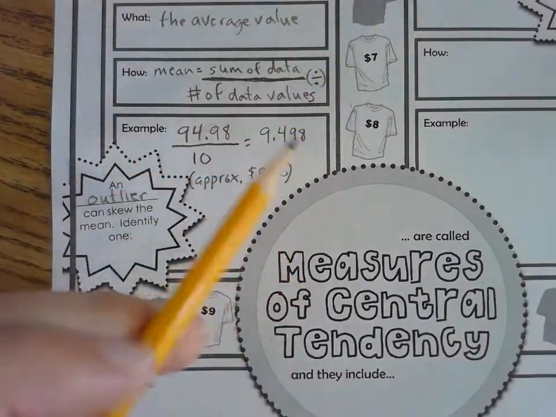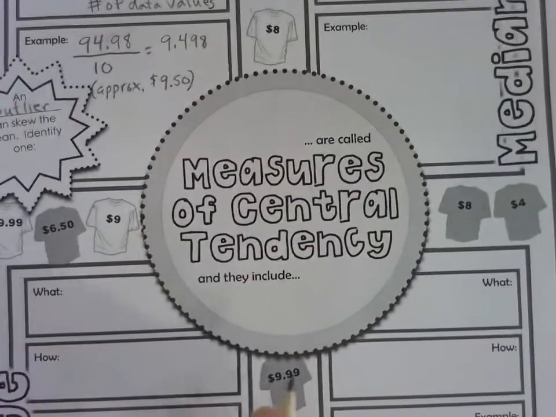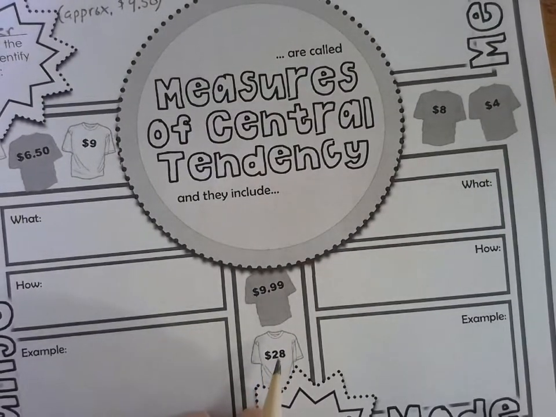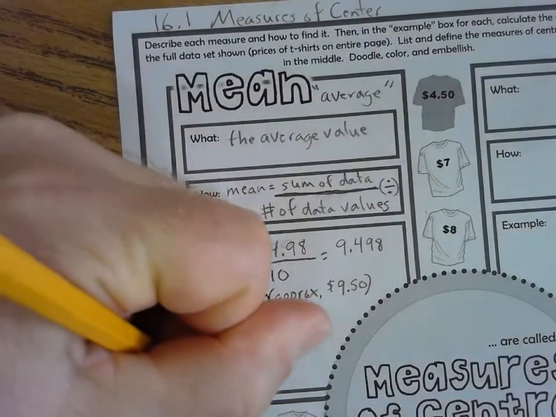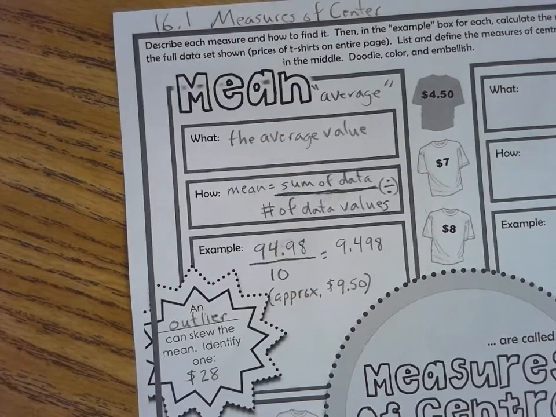If you look through these t-shirts, find a t-shirt whose price is way off from the average of the other t-shirts. Well, if you look down here, you find one t-shirt for $28. Okay? So that would be our outlier, $28. Okay?